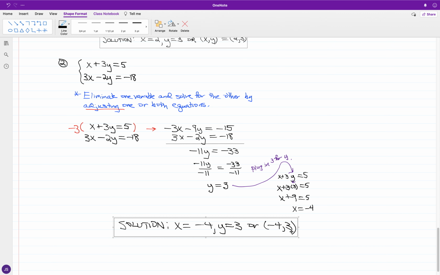And just a brief mention, in the crossover to looking at systems of nonlinear equations.